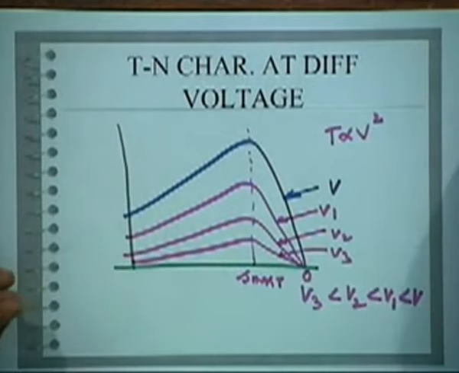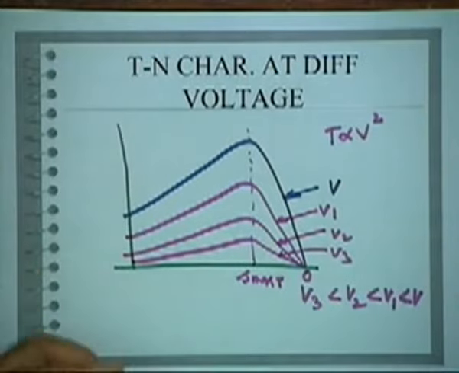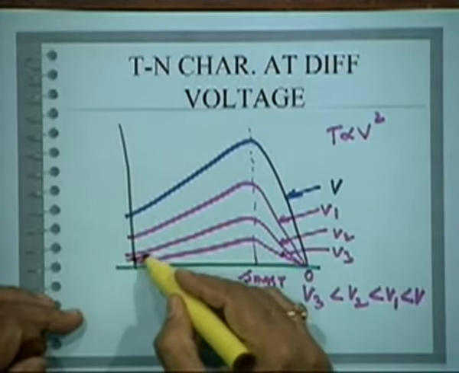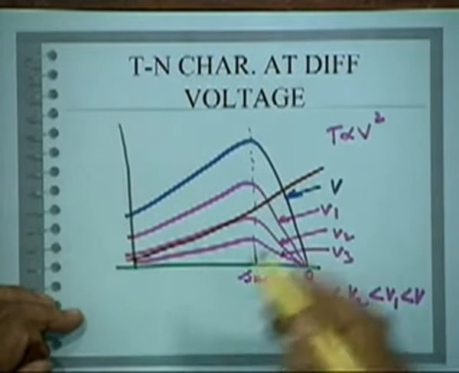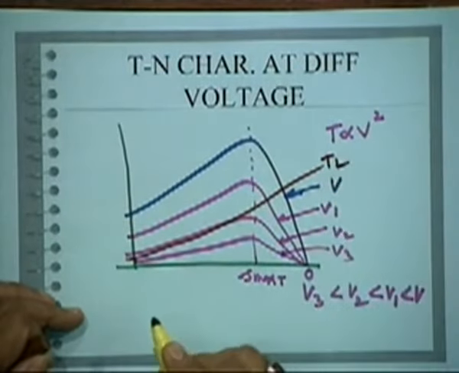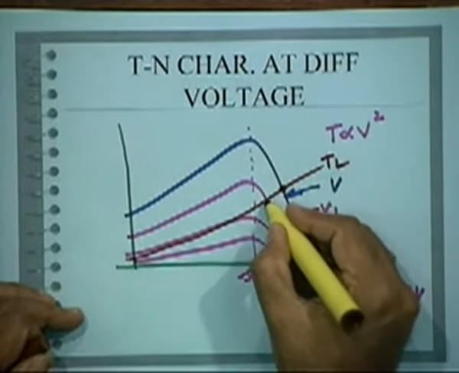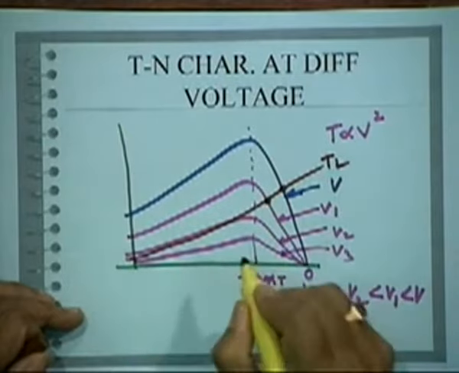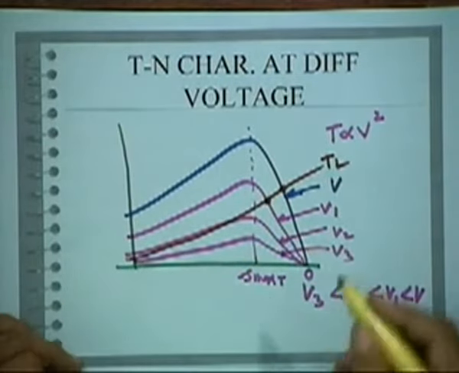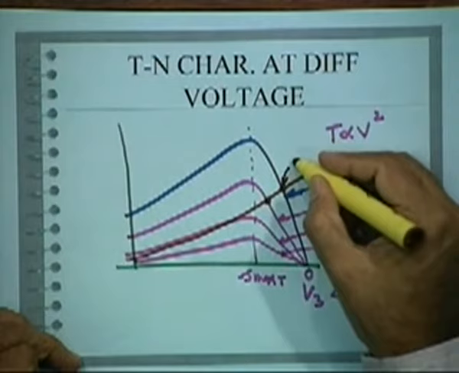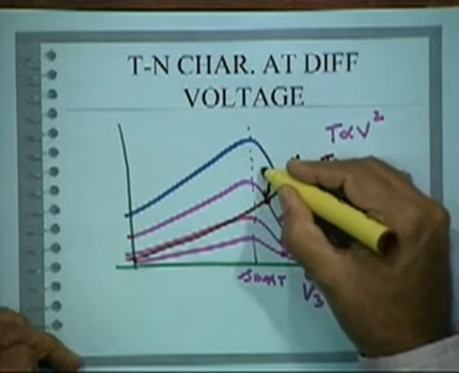Therefore, say there is a load characteristic, T load. It will operate at certain speeds where they intersect with the corresponding voltages. So this may be operating at, say, N, this will be N1.